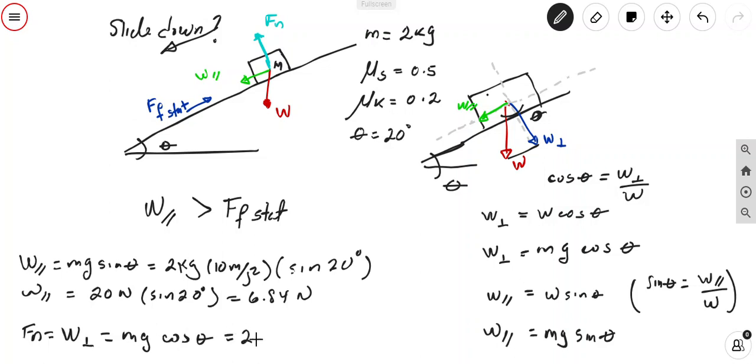So it's going to be equal to 2 kilograms times 10 meters per square second times the cosine of 20 degrees.